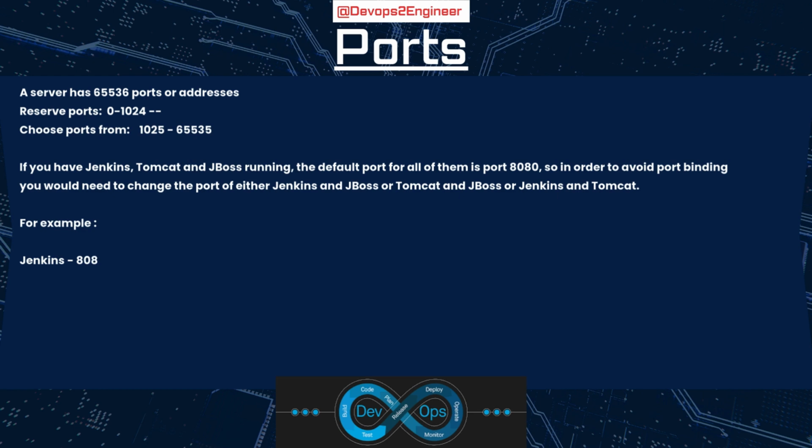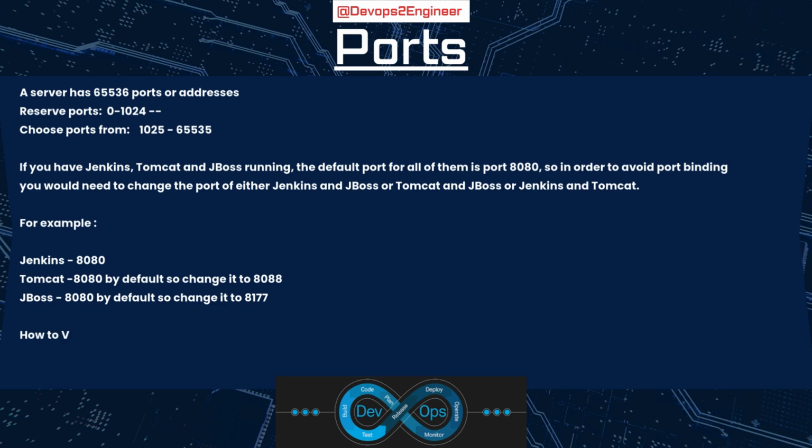For example, Jenkins is 8080. Tomcat is also 8080 by default, so you would need to change it to 8088. And JBoss is also 8080 by default, so you need to change it to 8177. Keep in mind, you don't have to change it to the exact numbers that I show you.